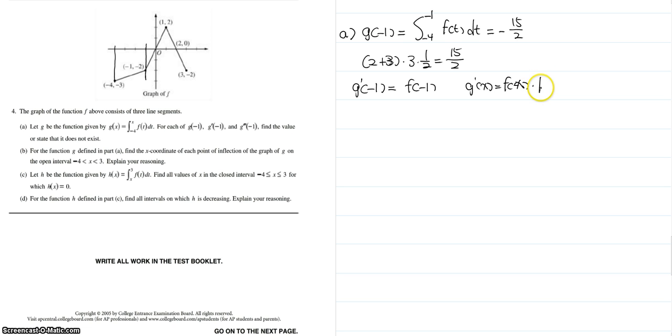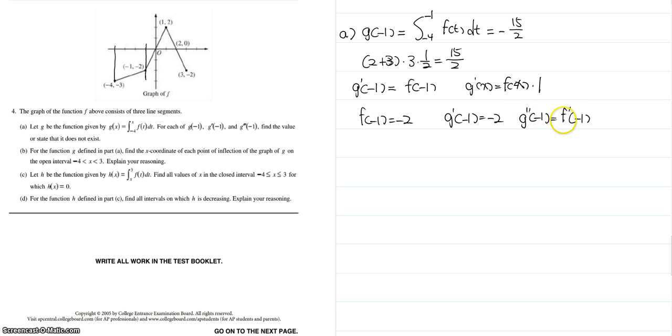So f of -1 is -2, and g prime of -1 is -2. Very easy, huh?